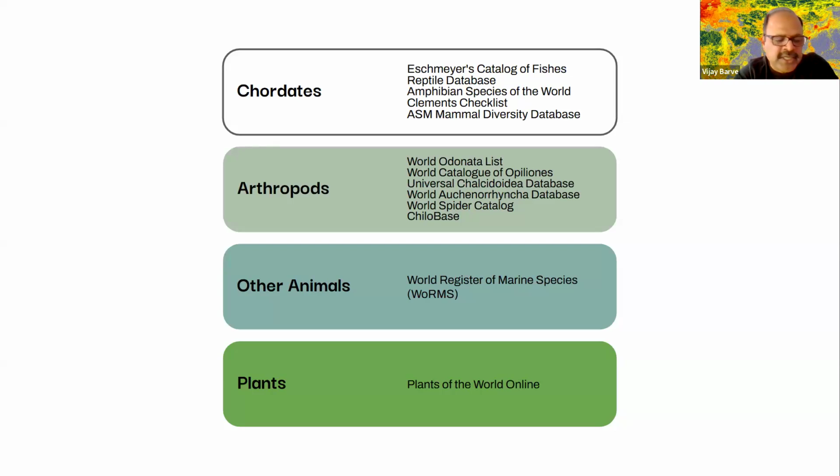These initiatives began in the late 90s, and by 2000 to 2005, they had a reasonably good data set put together. So iNaturalist started with that as their backbone taxonomy.